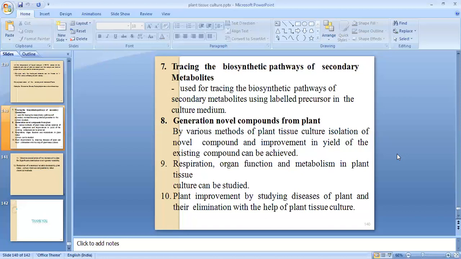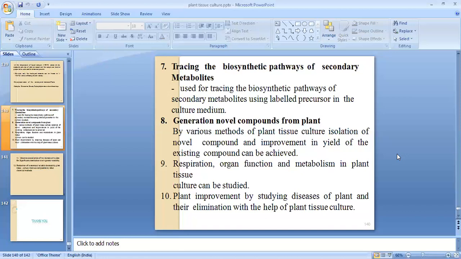Or you can take the example of atropine, a tropane alkaloid. The starting material is ornithine. From ornithine there are many steps involved, different products are formed, and finally you get the atropine alkaloid. This series of reactions is called the biosynthetic pathway.